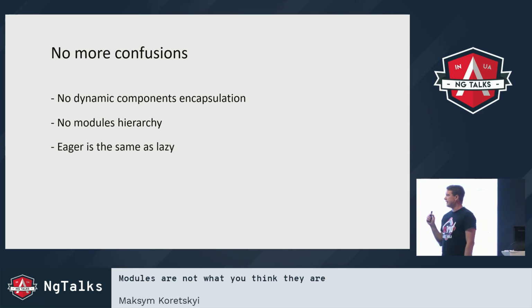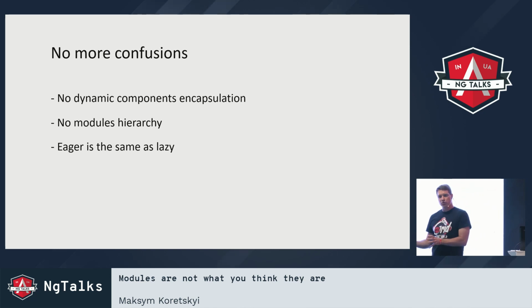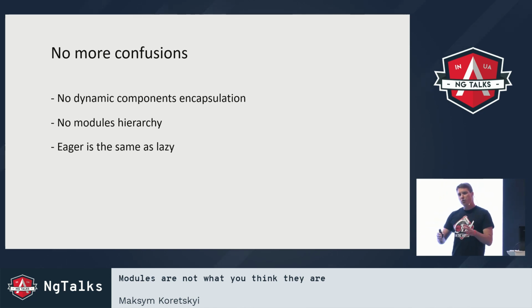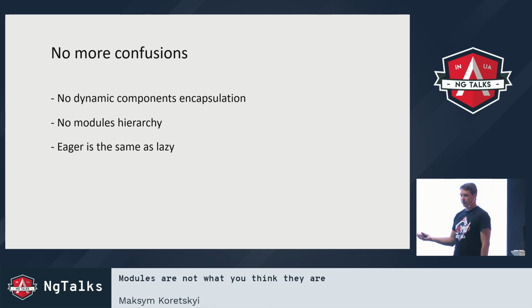And eager and lazy loaded modules are the same. What did I mean when I said that? I meant that both eager and lazy loaded modules go through the compiler. They both start as a JavaScript class with a decorator, and then they go through the compiler and end up as a module factory.